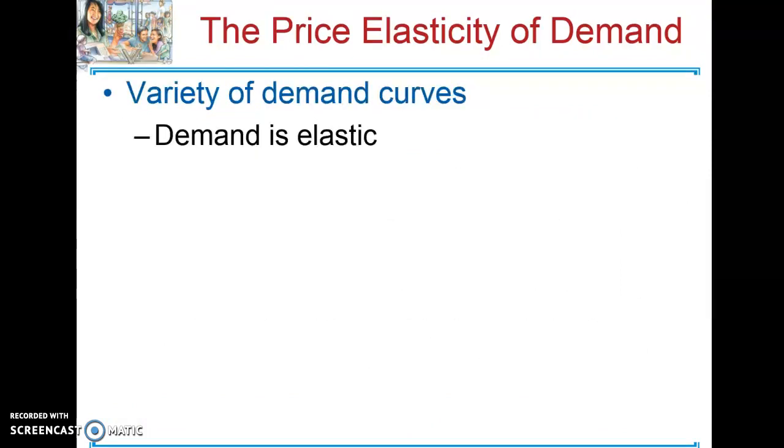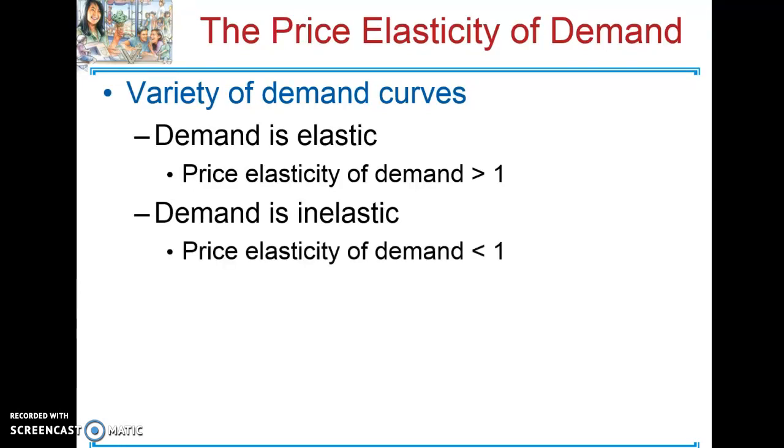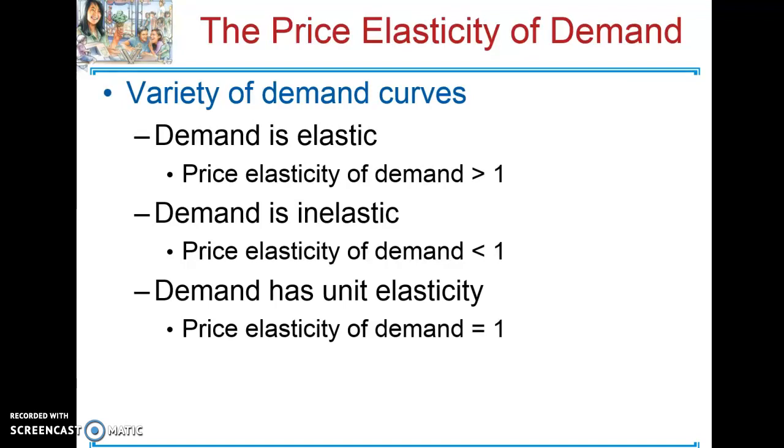Variety of demand curves. Demand is elastic if the price elasticity of demand is greater than 1. If demand is inelastic, the price elasticity of demand is less than 1. If demand has unit elasticity, the price elasticity of demand equals 1.